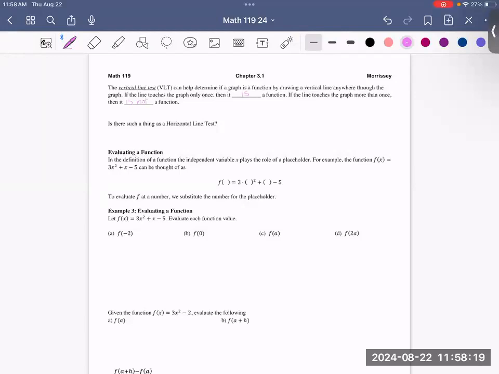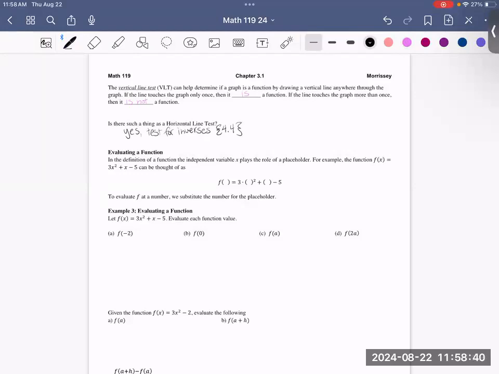Now you might be wondering, okay, if there's a vertical line test, is there a horizontal line test? Yes, there is a horizontal line test, and that is to test for inverses. We're going to be learning that in 4.4, so in just a few more sections.